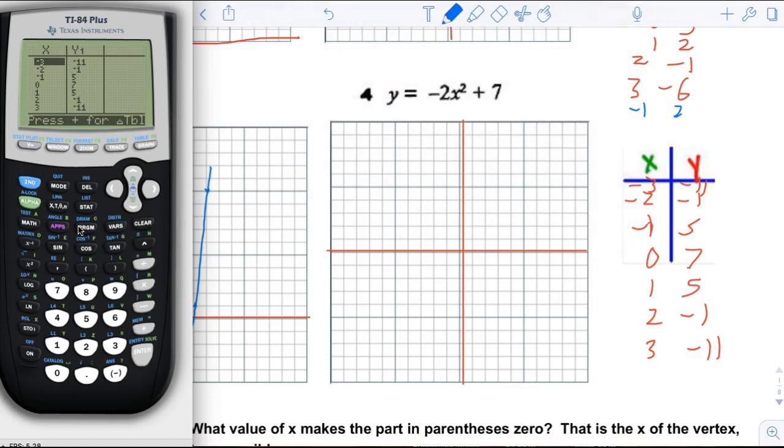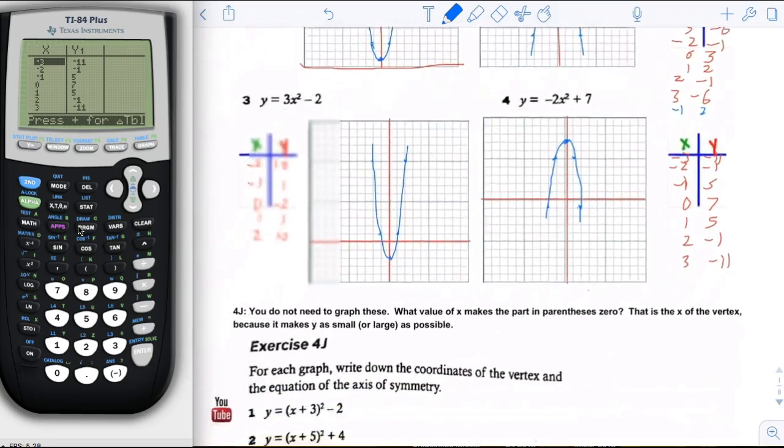And we got 0, 7, which would be our vertex, 1, 5, -1, 5. We got 2, -1. We got -2, -1. And we got 3, -11. That's off the screen. Okay, so let's just go ahead and draw it. Kind of like that. I didn't like the right side. Kind of like that. Okay? All right.